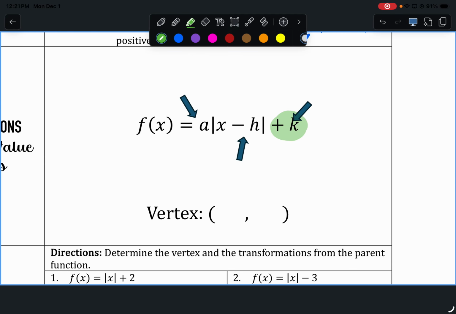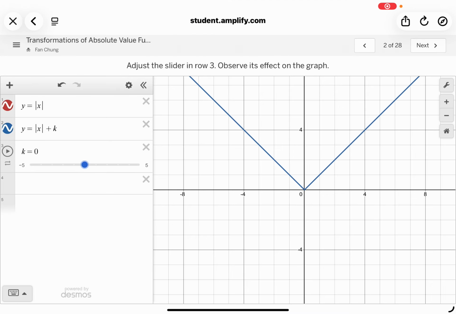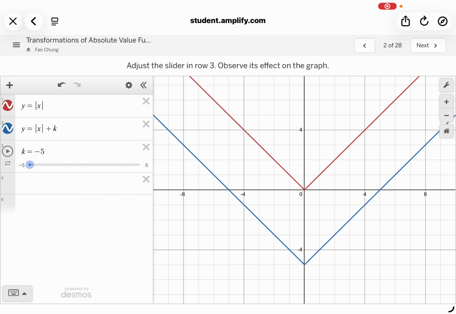So what happens when I make k positive, when I add a k? It goes up. What happens when I subtract a k? It goes down. Okay, so k is the vertical shift of the function.